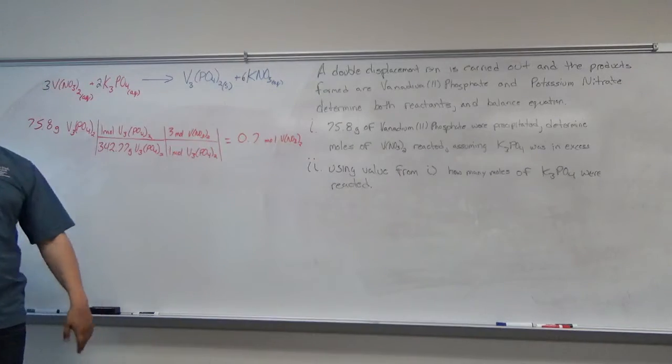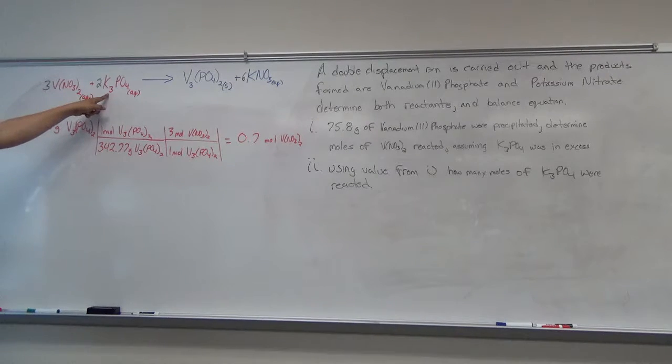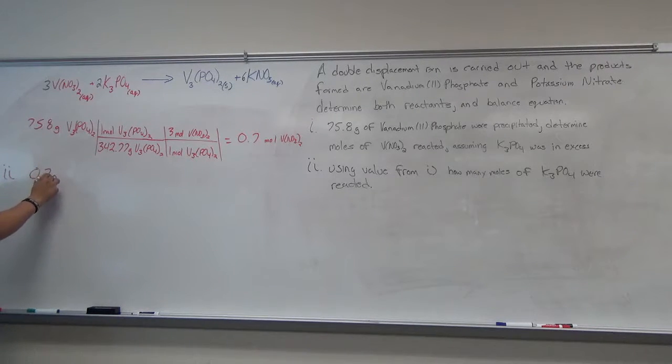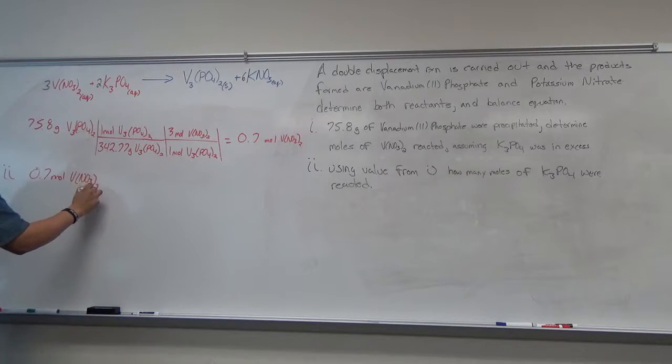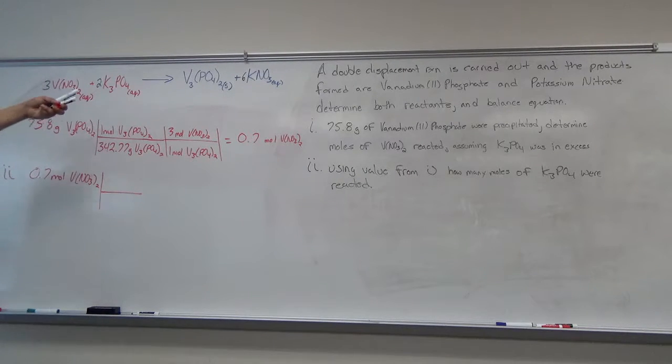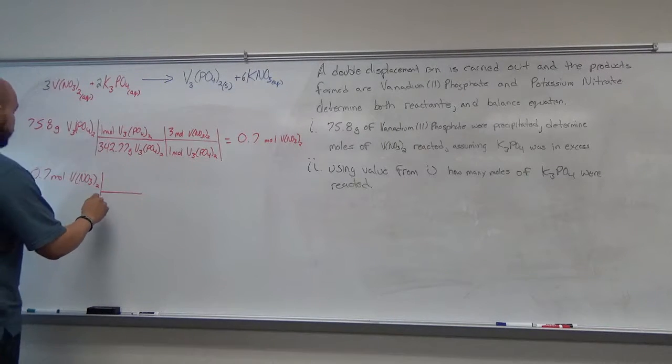This number relates by 3 to 2. So 0.7 moles of V(NO3)2, stoichiometry, dimensional analysis. If we want to know how much K3PO4 is reacted, what piece of information do we have?